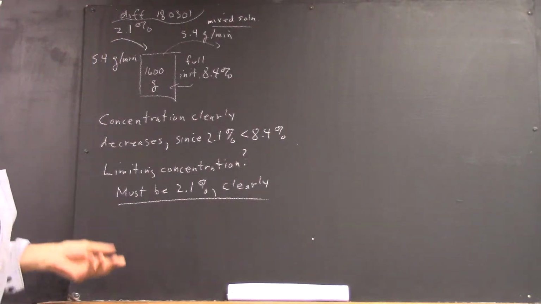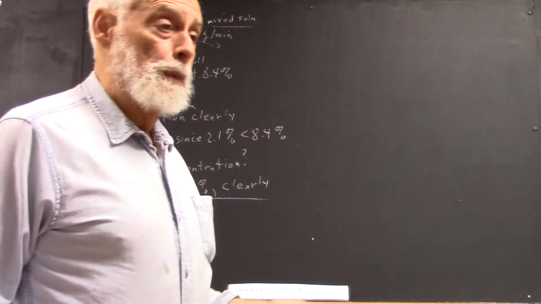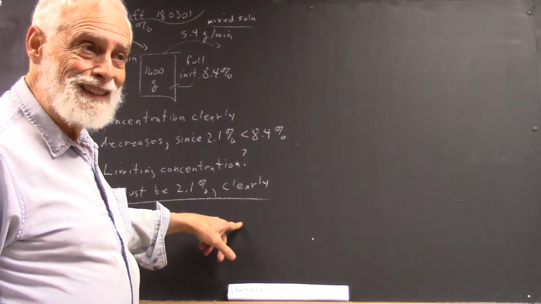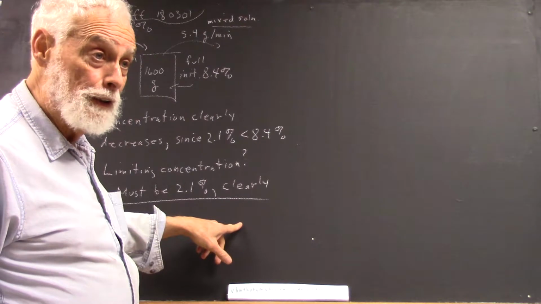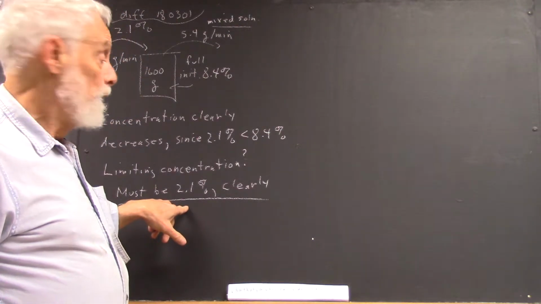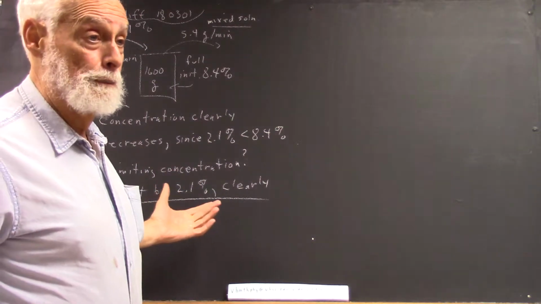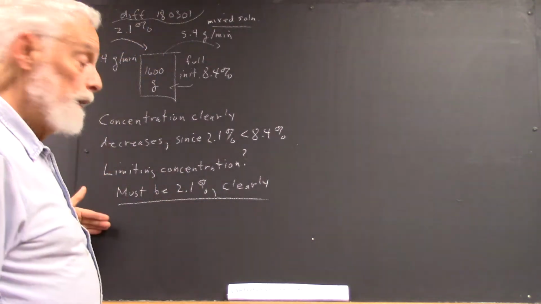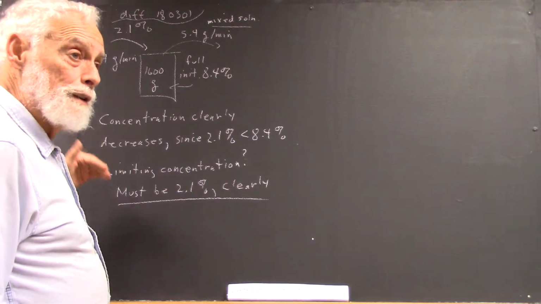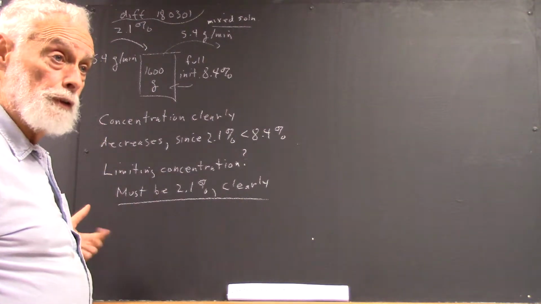Now that'll come out of our solution, but that's something we need to test against our solution. If we get a solution and as t approaches infinity the concentration doesn't approach 2.1%, then we did something wrong. So we want to get that in our mind as a kind of benchmark for our solution.